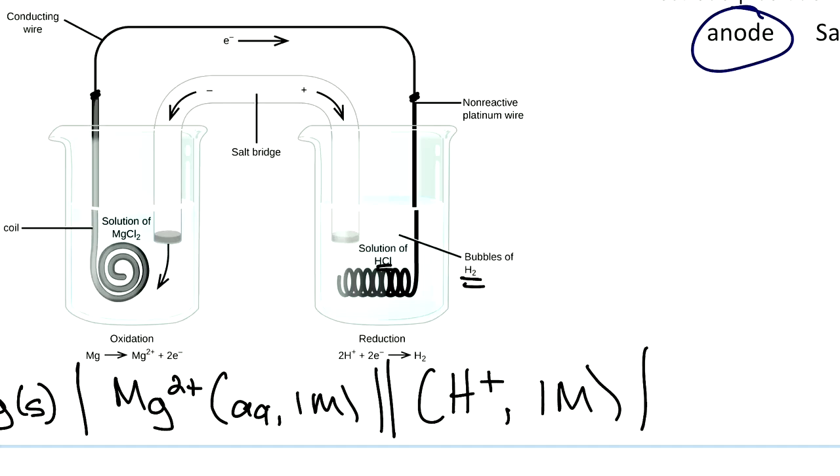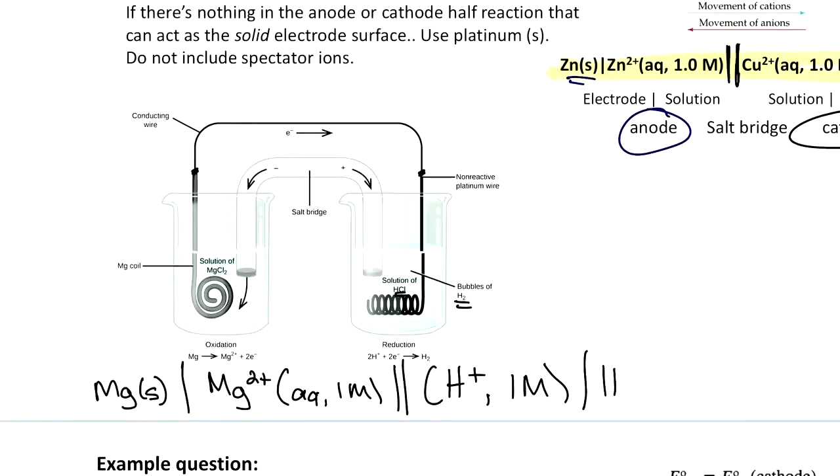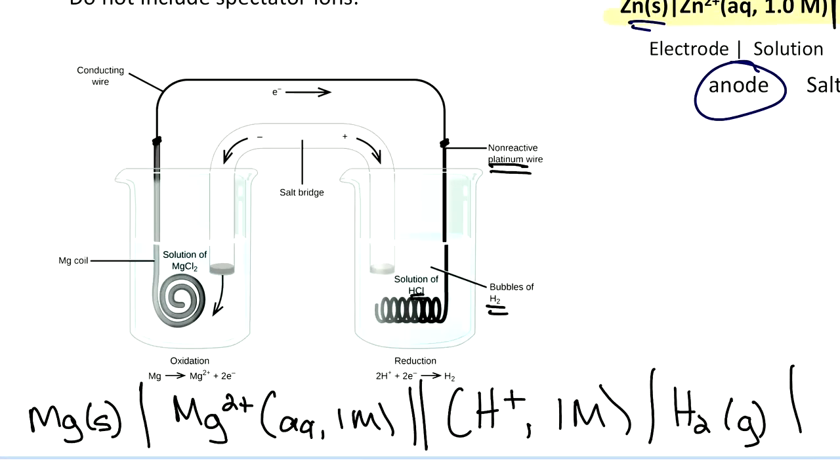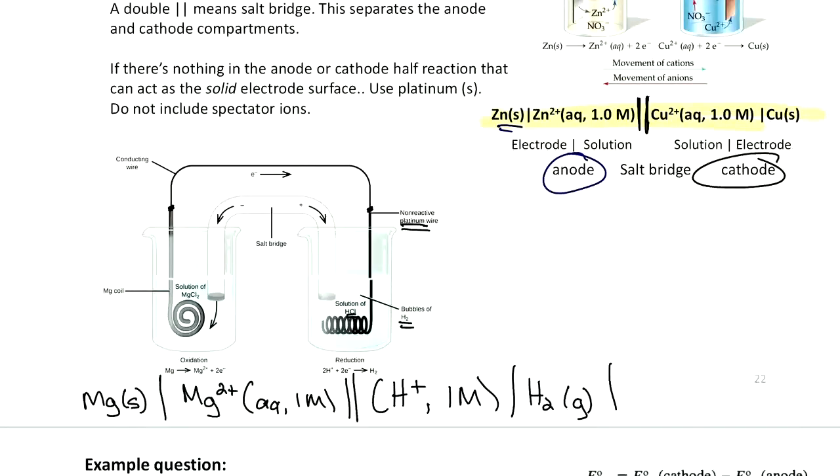So I want to draw another phase boundary and say there's H2 gas. Now, where is my alligator clip connected to? Is it connected to H2 gas? No. What is it connected to? Platinum, yes, because that is actually a standard hydrogen electrode. So there we go. That is our line notation for that last picture.